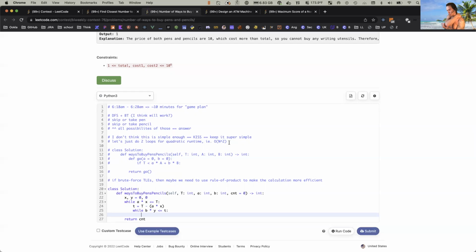Before we take a BY, we can increment. Once we get to the end of the BYs, that's one way.